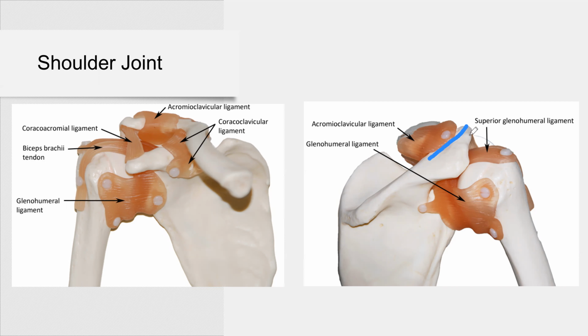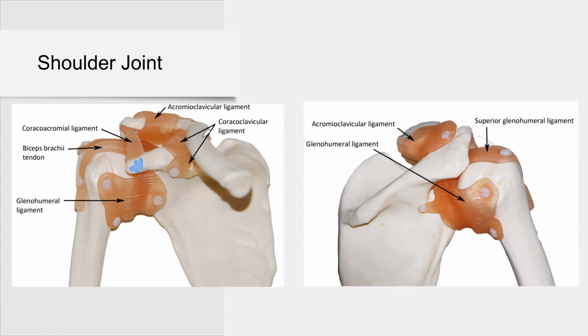Now this process of the spine of the scapula is called the acromion. So here's the acromion. And this process of the scapula is the coracoid process.